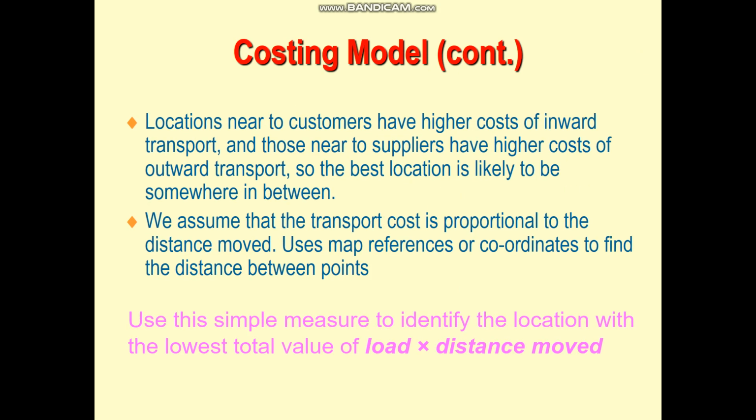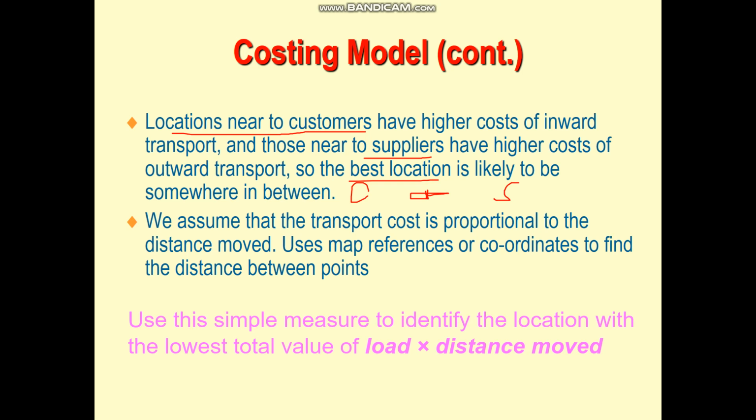We already learned in the last lesson that if the location is near to the customer, we will have higher inward transport cost. And for those near to the supplier, we will have higher outward transport cost. So we want to choose the best location. We want to compromise on the location so that we can minimize the total cost. So the best location is likely to be somewhere in between the customer and the supplier. Okay?